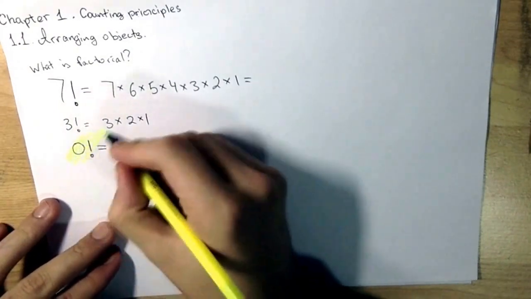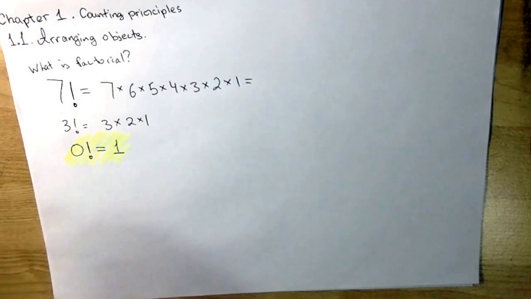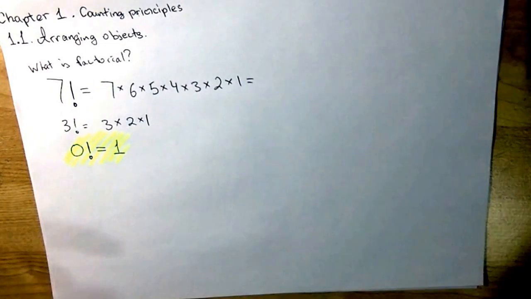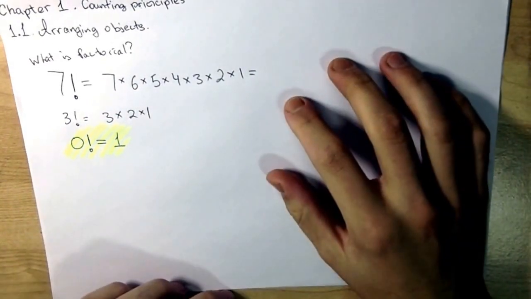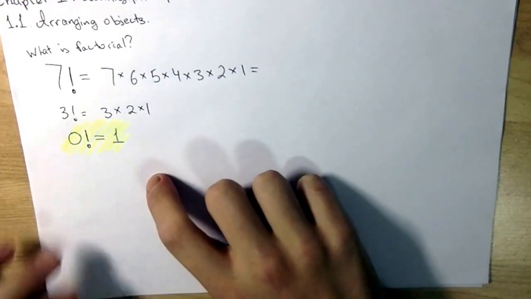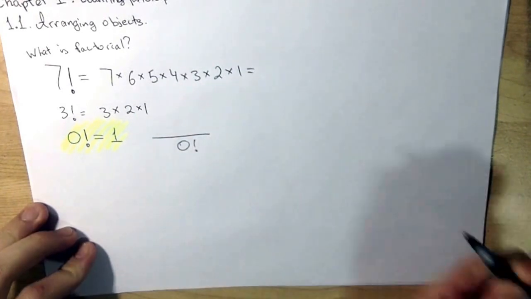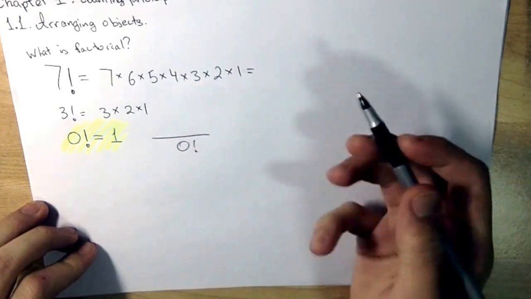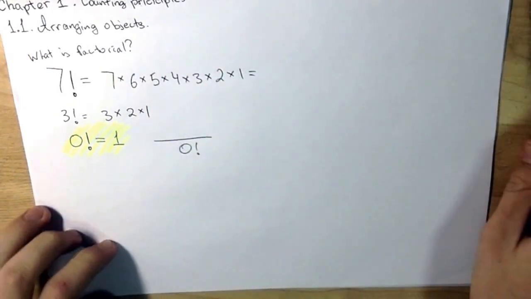You should always remember this, because when we reach the part on Gaussian distribution, sometimes you will see 0 factorial at the bottom, and then you will say, how can this happen? But it equals 1, so you can actually divide.